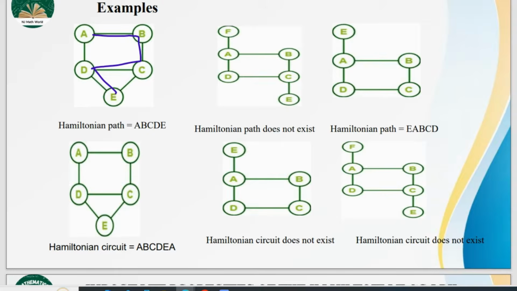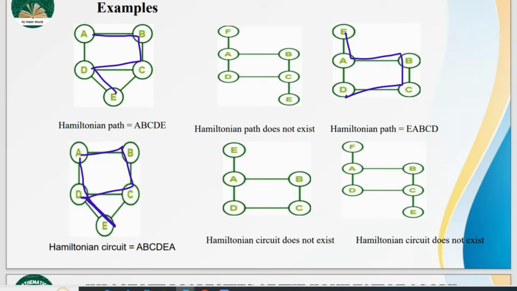Here, it does not exist. Okay. The next one is E to A, A to B, B to C, C to D is called a Hamiltonian path. Then here, the circuit is A to B, B to C, C to D, D to E, E to A.